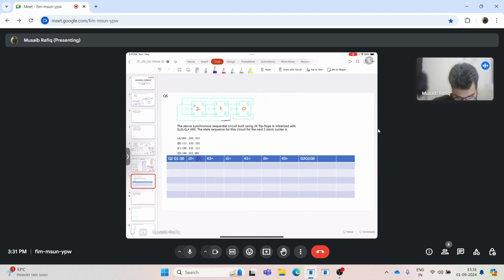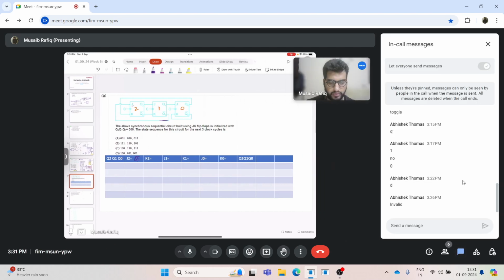And similarly, what is K2 equal to? Can anyone tell me what K2 is equal to? If you look at the circuit, you can tell me what this K2 will be equal to.